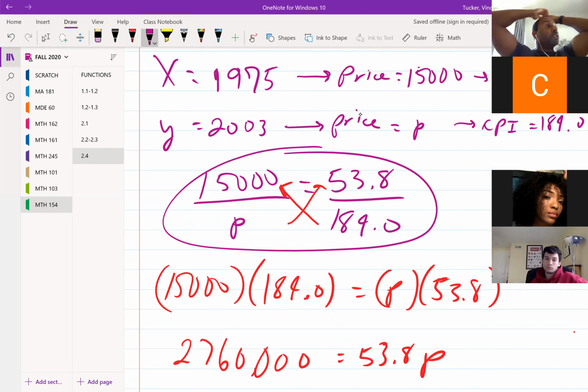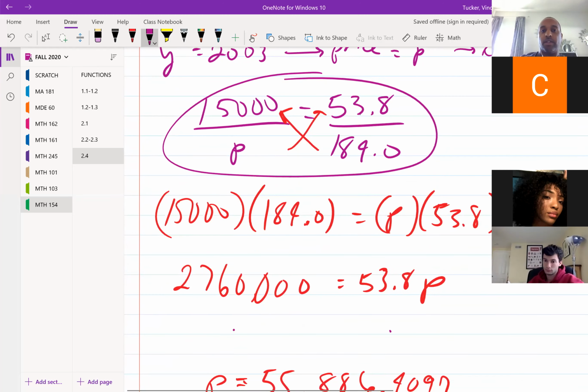We don't know what the price is in 2003. That's why I called it P. Then CPI is 53.8 for 1975, 184 for 2003. Once you have your proportion set up, you can always cross multiply. So I did the 184 times 15,000 and then P times 53.8. And so that's where we are right now.